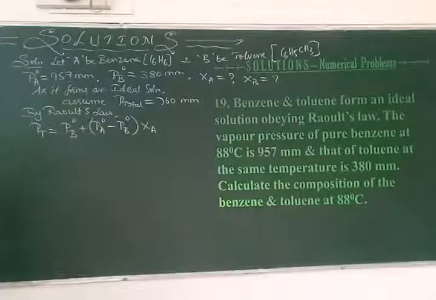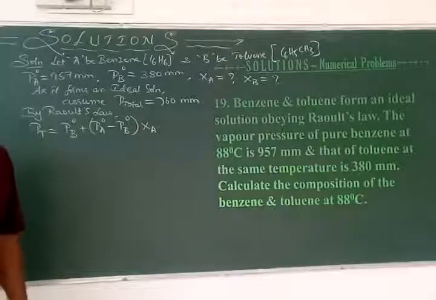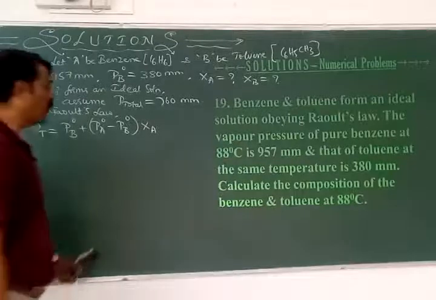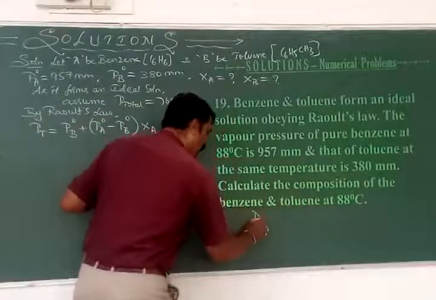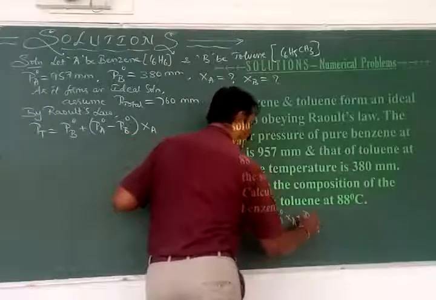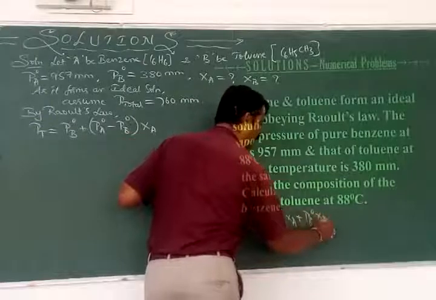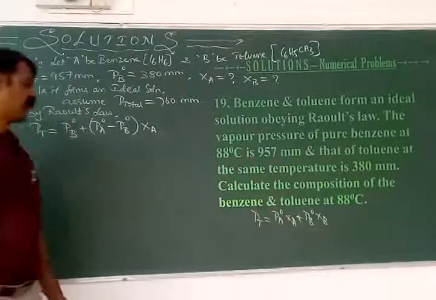When I discussed Raoult's law of liquid mixtures, I gave four different sets of formulas directly. So we know that PT is equal to PA naught into XA plus PB naught into XB. It is indirectly the application of Raoult's law of liquid mixtures.